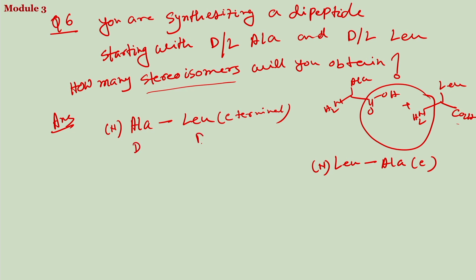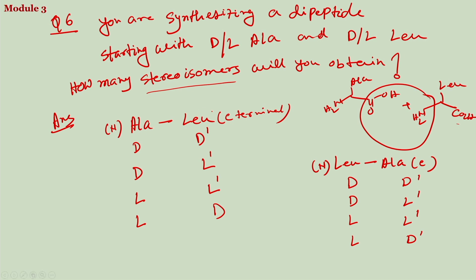So, if this is D, this can be D prime, or this can be L prime. If this is L, this can be L prime, or this can be D prime. So that is 4: D D prime, D L prime, L L prime, L D prime, and all of them will be stereochemically active, because these are two different molecules.